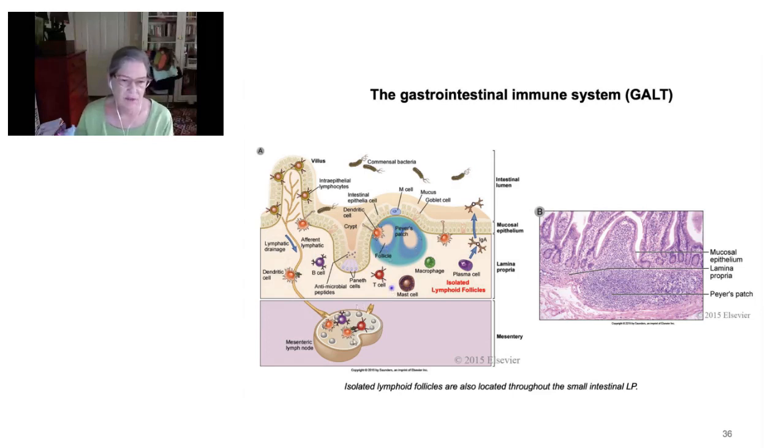And naive cells can get activated, primed, and then leave, go to the heart, and come back through the vasculature again, through the blood vessels that are running through the lamina propria, or that are entering the Peyer's patch. And again, the Peyer's patches are specific little structures that are mainly in the ileum.